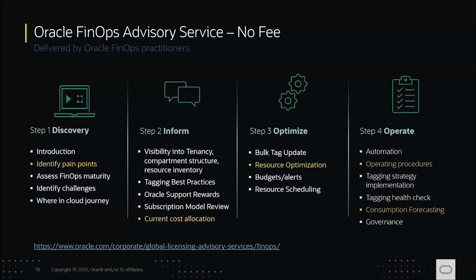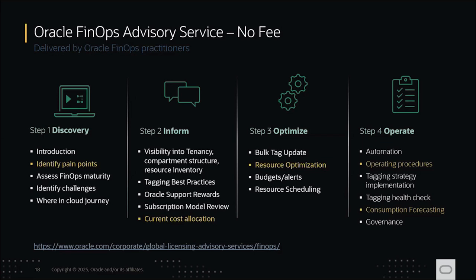Hey, I'll take it. Thank you so much. Yeah, so we're a global team. Our team is officially called GLAS, but that aside, it's a no-fee complimentary service to work with our customers with FinOps and cloud financial management. As you can see, steps 2, 3, and 4 are directly aligned to the FinOps Foundation and their inform, optimize, and operate methodology and framework.